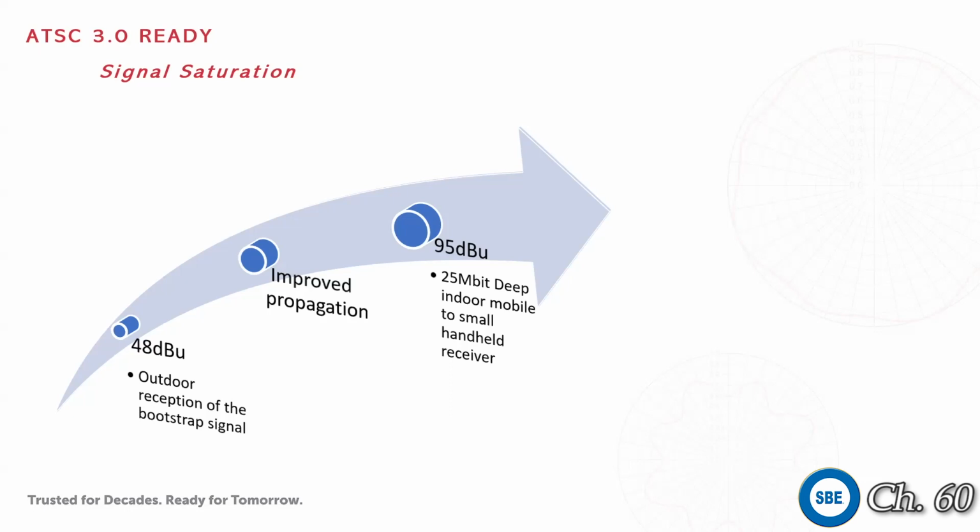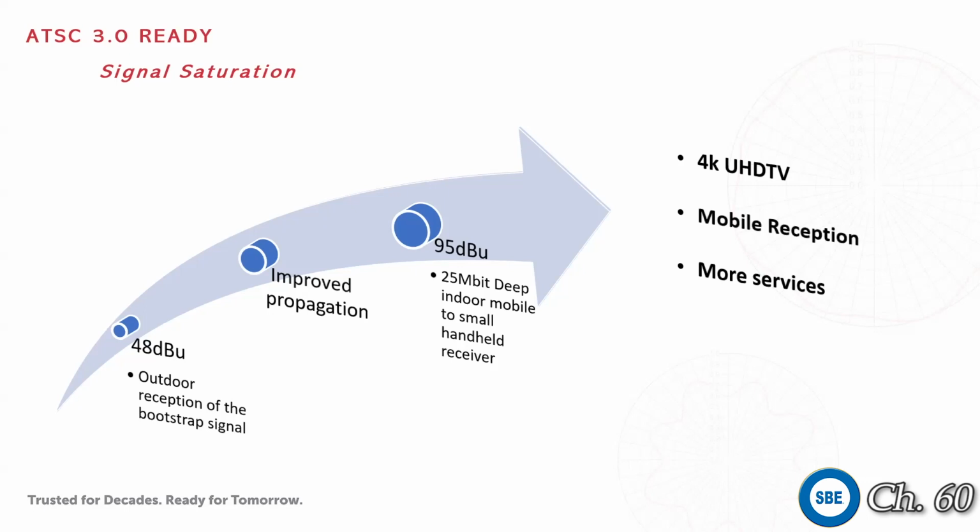This gives us that full 25 megabit per second deep indoor to mobile small handheld receiver that has been the push with ATSC 3.0, providing service to these new sectors.